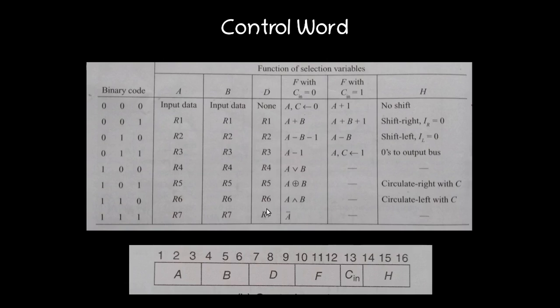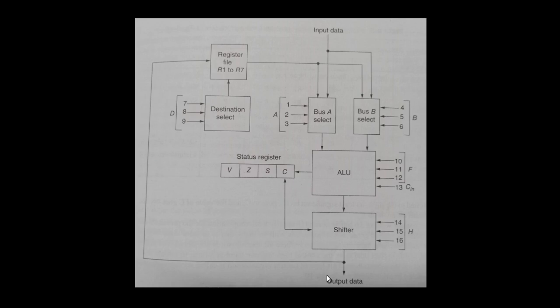Then next we have to explain the F field along with the Cin. That corresponds to the operation performed by the ALU. These are the select lines connected with the ALU. These numbers are just for identification, and based on that we have formed our control word. These three select lines are labeled as F, and Cin is a separate one.